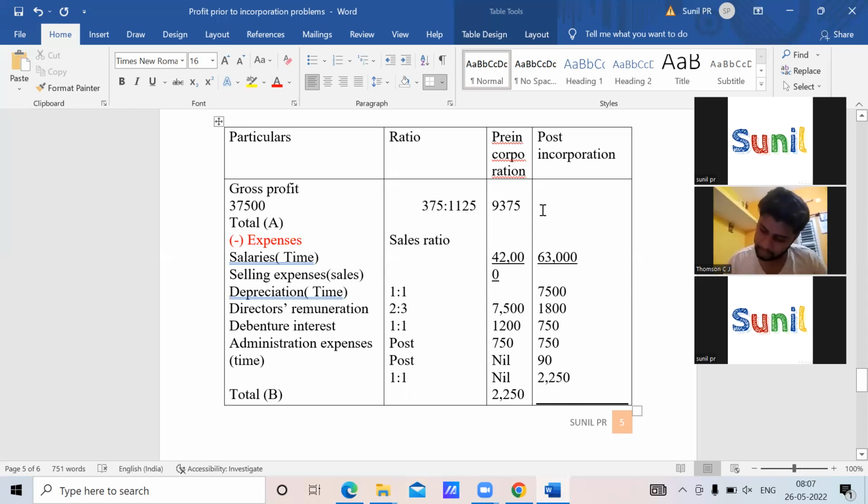Post-incorporation is 28,125. Yes, I have written it. Can you see? Yes, sir.